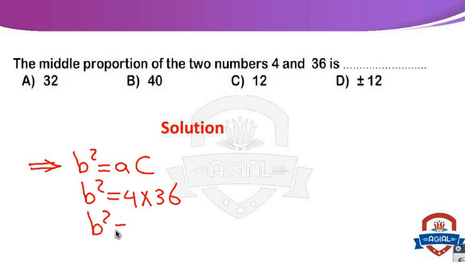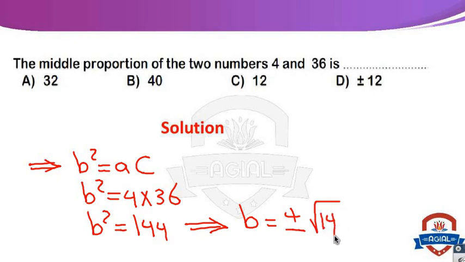B squared equals 144. Then B equals positive or negative square root of 144 equals positive or negative 12. Positive or negative 12.